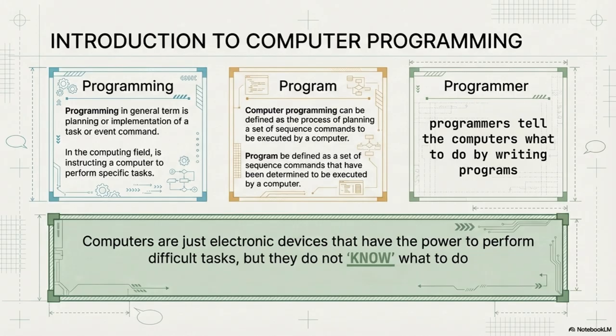So we start with a definition first. In general terms, programming is the planning or implementation of a task or an event command. Think of it like planning a wedding or a sports event.